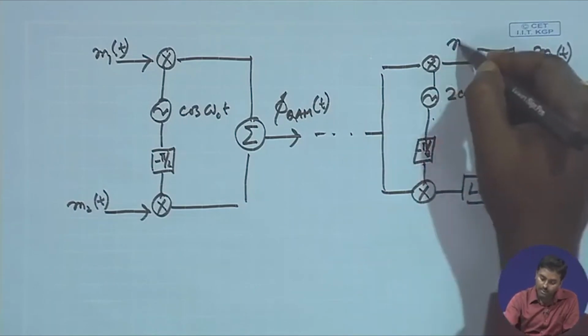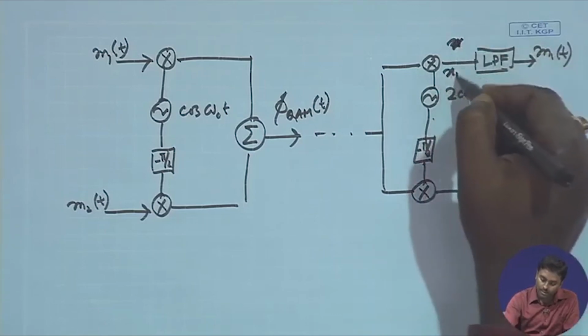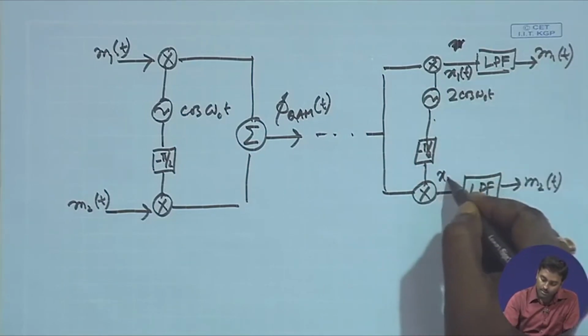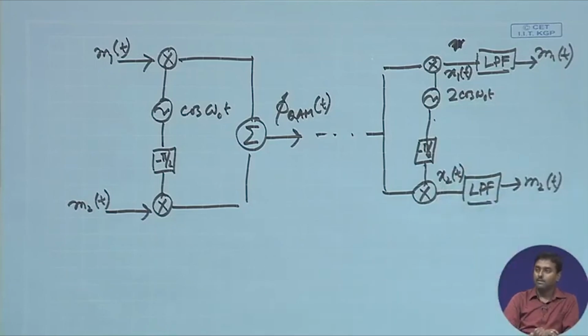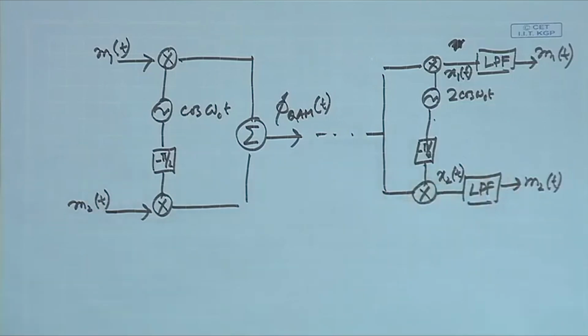So, that is the x1(t) and this is the x2(t) just before or after the modulation. This is what will be happening if I do a demodulation. So, modulation and demodulation is pretty simple.